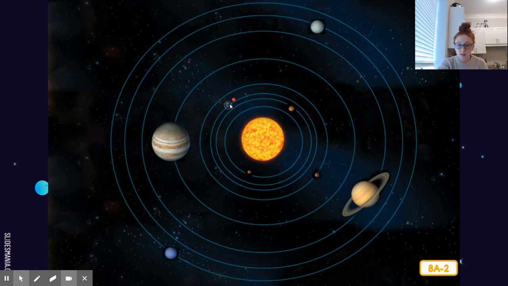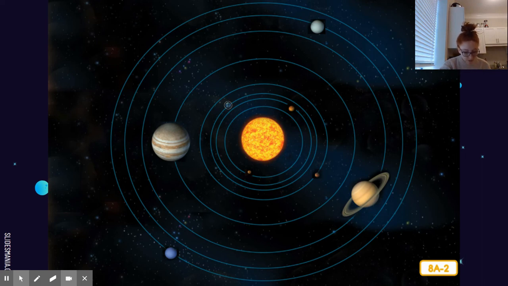Does it touch anybody else's path or orbit? And what about Mars? Does its orbit touch anybody else's? Nope. Okay, so they're all on separate orbits or separate paths around the sun, which is why they don't hit each other.